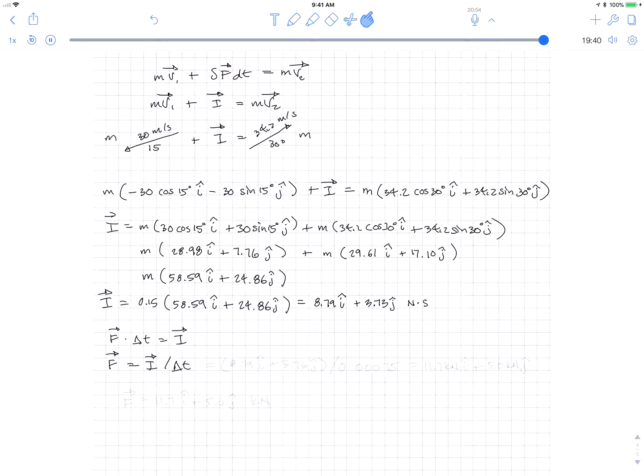And delta t was very small. It was 0.00075 seconds.